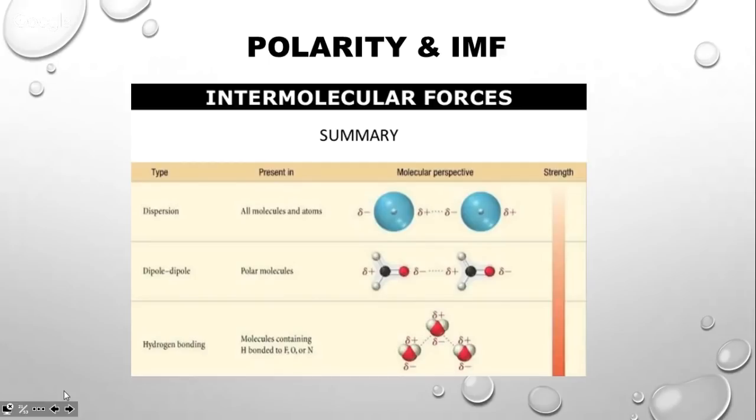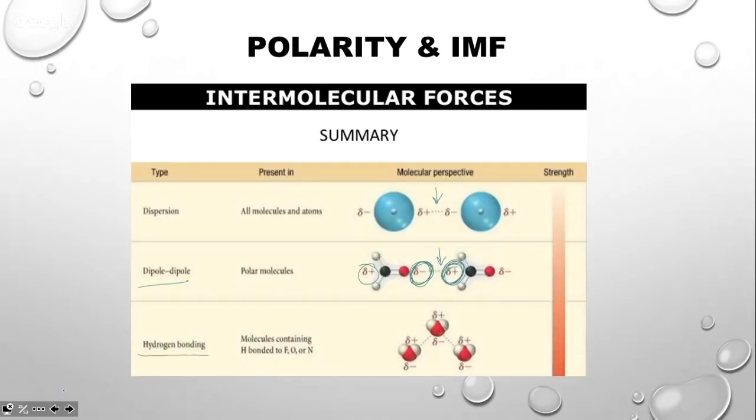Whereas polar molecules, ones that have a negative side and a positive side based on the shape of being asymmetrical polar, will have what are called dipole-dipole interactions, where the negative side of one molecule can attract the positive side of a neighboring molecule. This is a stronger intermolecular force than the dispersion forces because this is what's called a permanent dipole. That positive and negative charge exists all the time, so those attractions can be stronger.